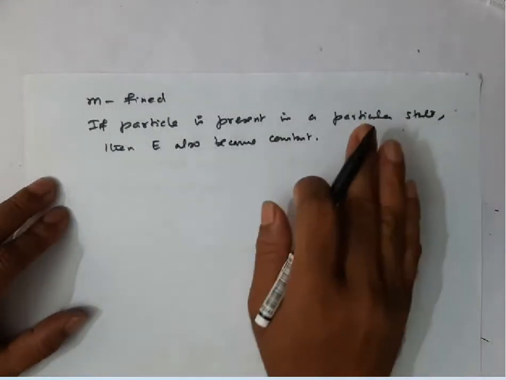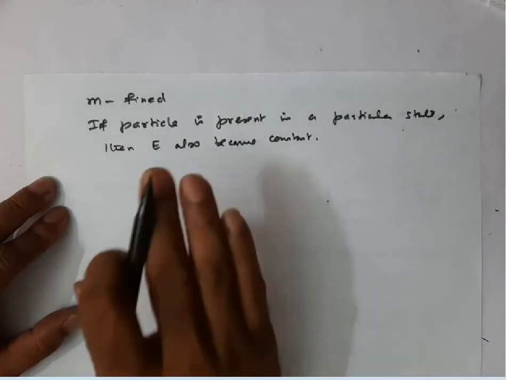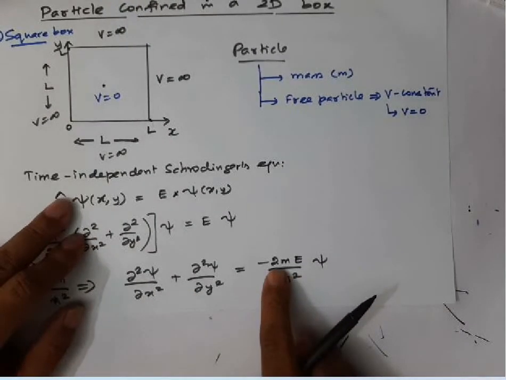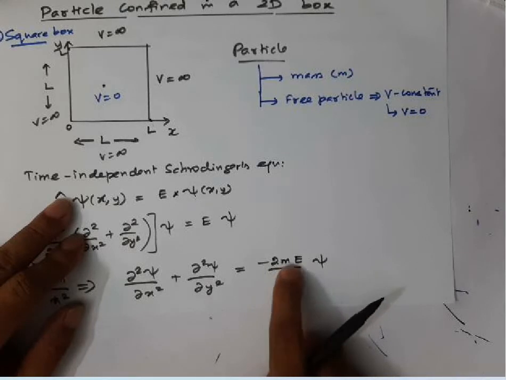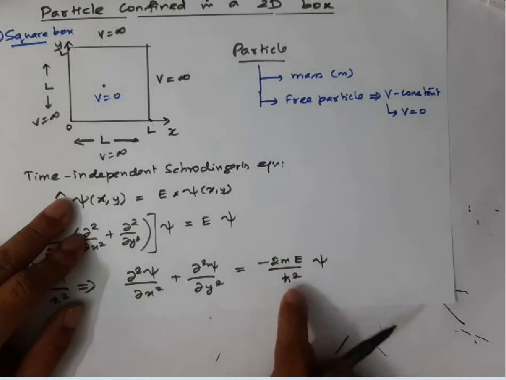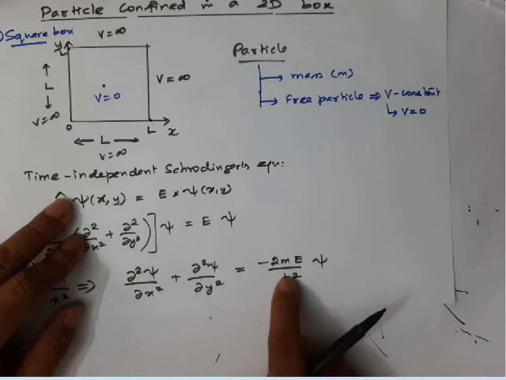Therefore this quantity 2 mass E, mass constant, E constant, 2 is constant, and h bar, the reduced Planck's constant, is also constant.